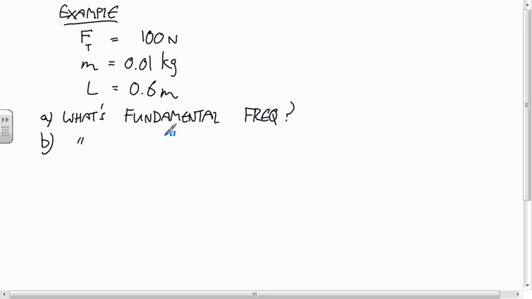And second, what's the frequency of the sixth harmonic?